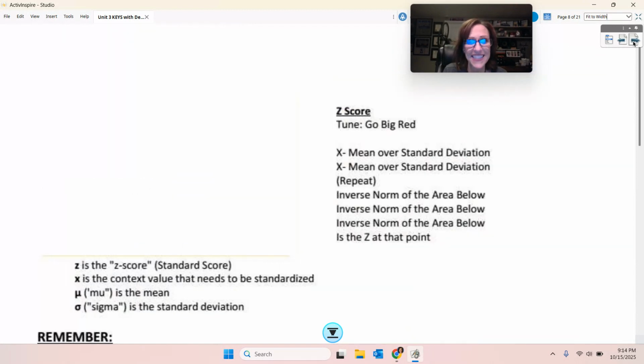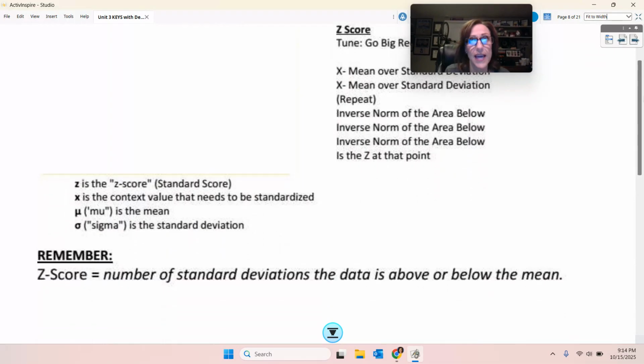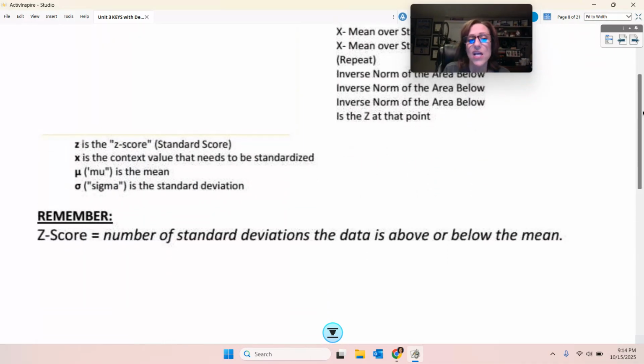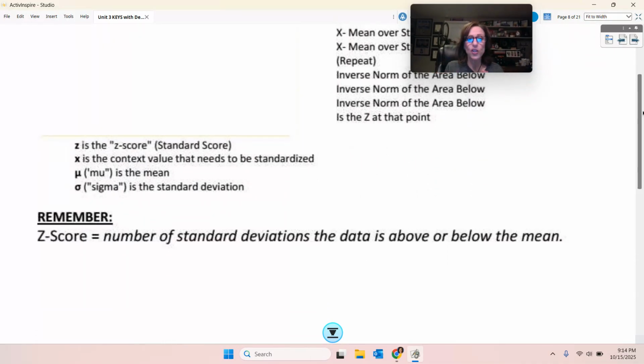So that's the basic definition. Now we have a formula to compute how many standard deviations you are away from the mean. I want to see, what is your value? How far are you away? And then put that in terms of how many standard deviations that is.